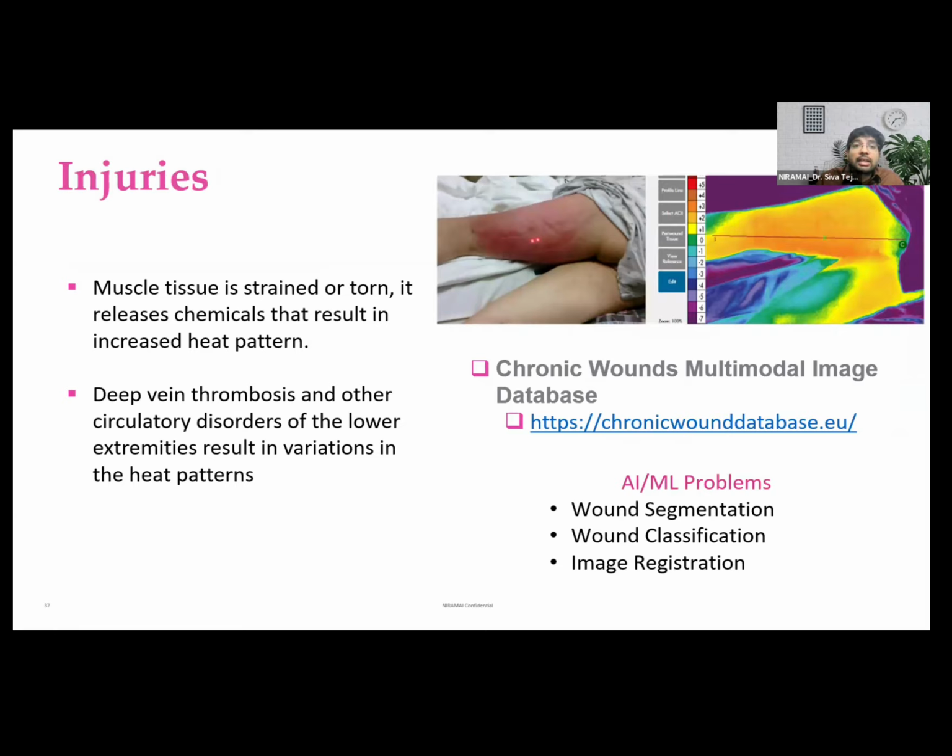Whenever there is any kind of inflammation or pain, it increases the temperature around it. So even if it is a sports injury, or any kind of burns, what is the degree of the burn, all these things, thermal imaging is a natural use case where we can detect these injuries.